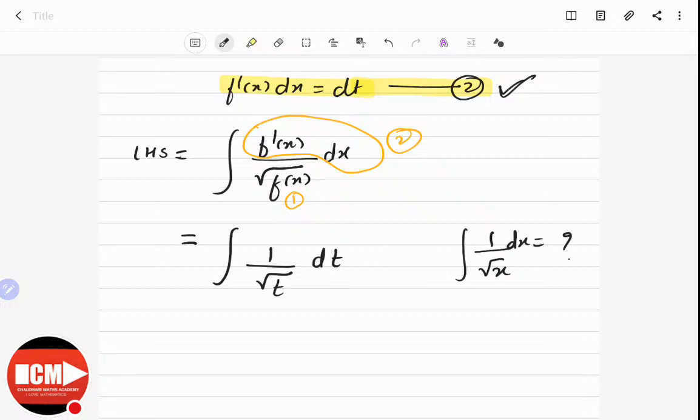Yes, this is perfect. So integration of 1 upon root x, if you remember, is a standard integral. Rupesh Tite, Purva Bafna, Tejas, absolutely correct. So integration of 1 upon root x is 2 root x plus c.